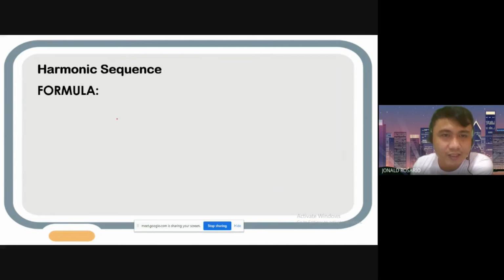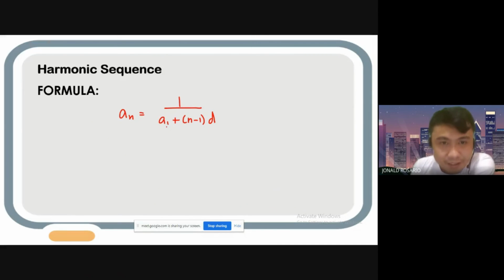So again, the general rule or the formula is a sub n is equal to 1 over a sub 1 plus n minus 1 times the common difference. Okay, wherein again, our a sub n is the nth term of our harmonic sequence, and a sub 1 is the first term. Dito tayo nagkakamali, no? Baka magkamali tayo dito.